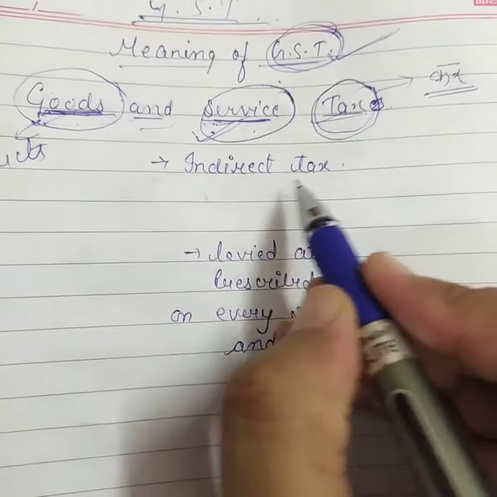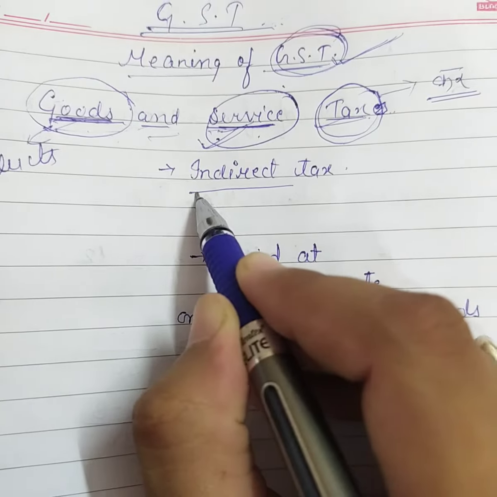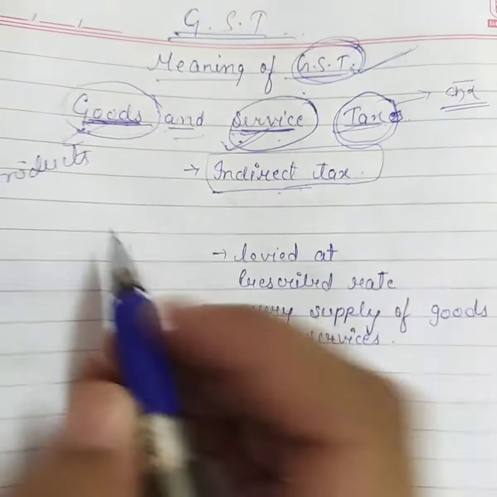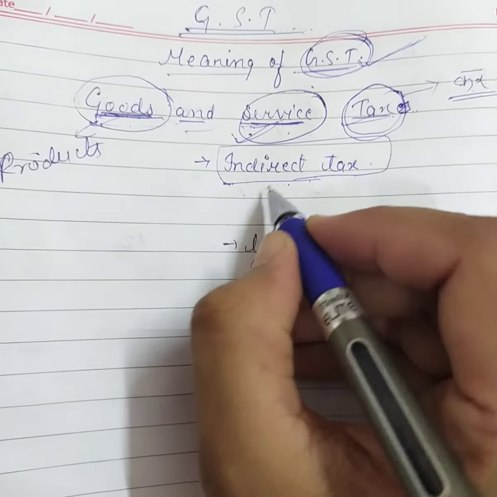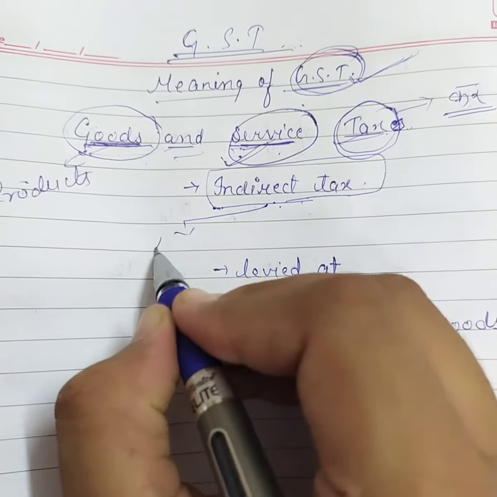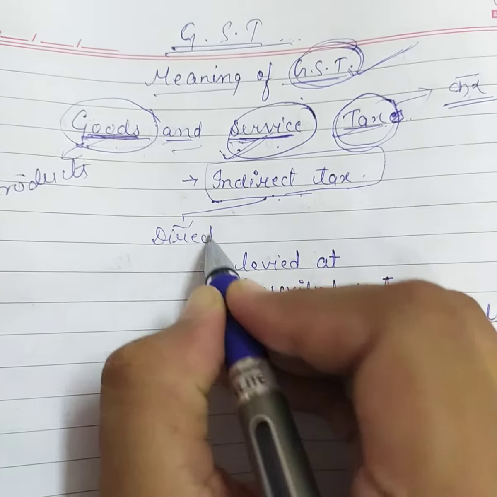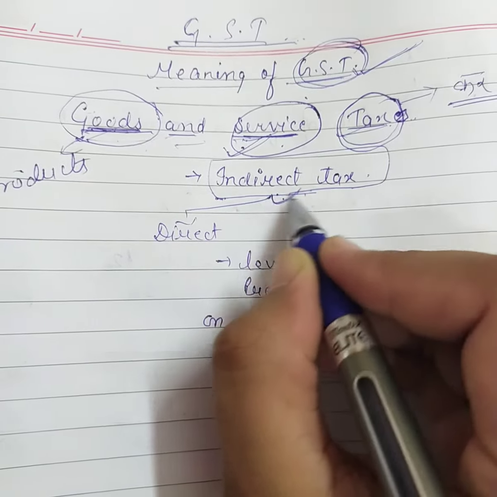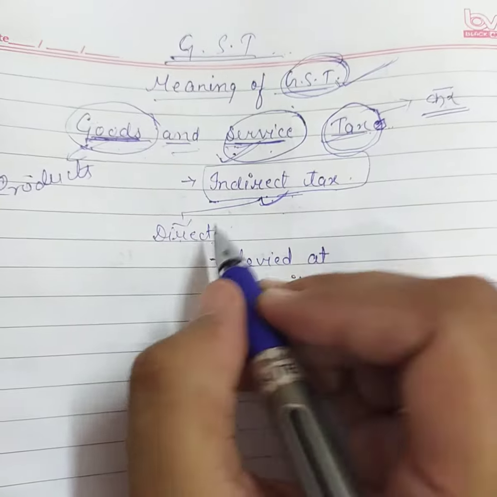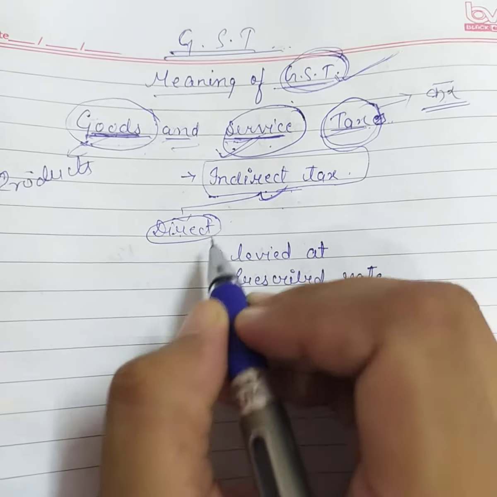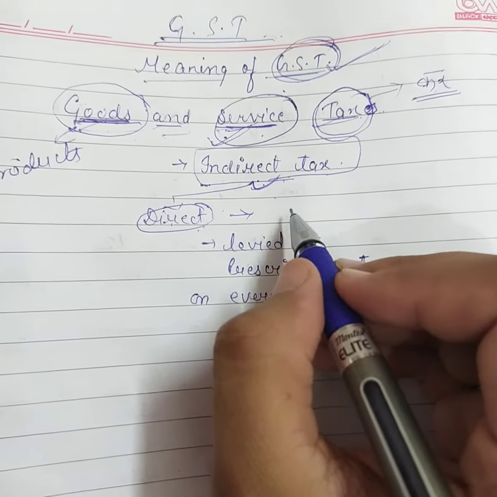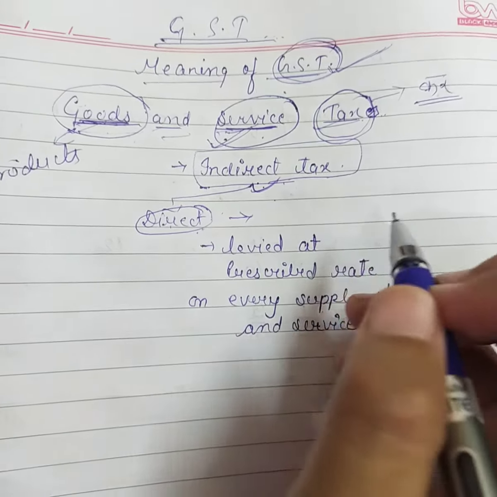So students, GST is an indirect tax. So students, first of all we should know what is indirect tax. Two types of taxes are there, direct and indirect. Two types of taxes we have in our economy, direct and indirect. So students, what is direct tax? Direct tax is that tax which is paid by the person on whom it is imposed.